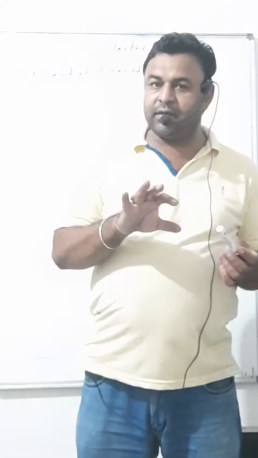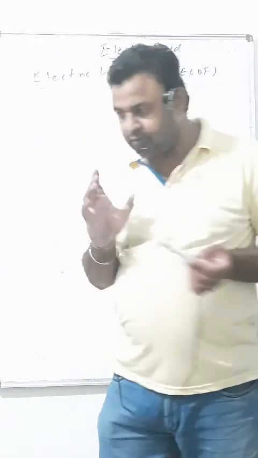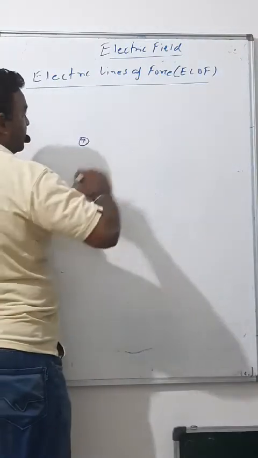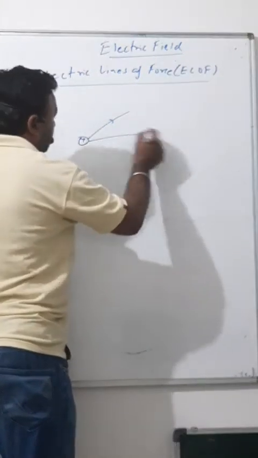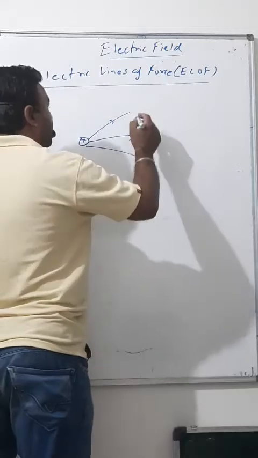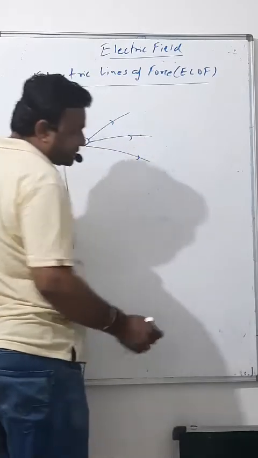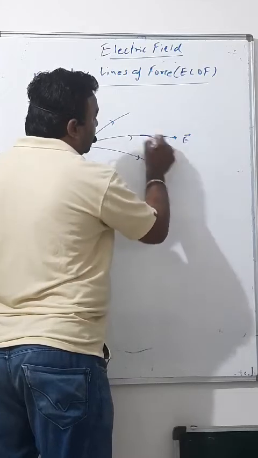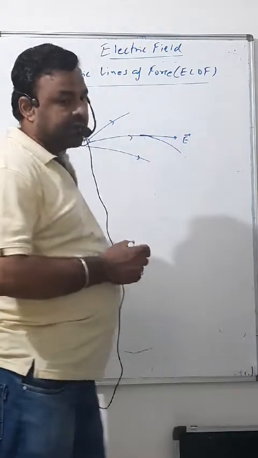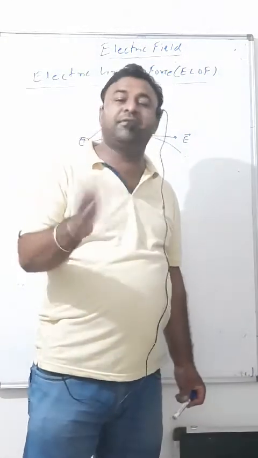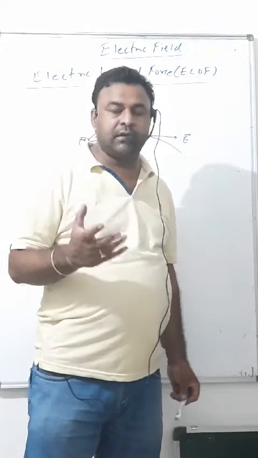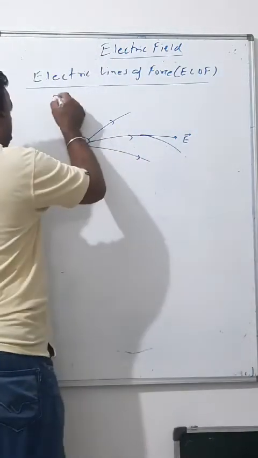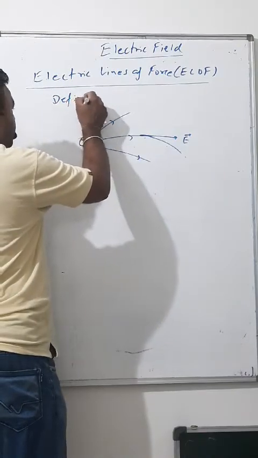It's a supporting idea: around a charge there are some lines of force, and at any point, if we draw a tangent, then it will give the direction of the electric field. It is a supportive kind of statement. Still, we will call it a definition. So, definition of electric lines of force.